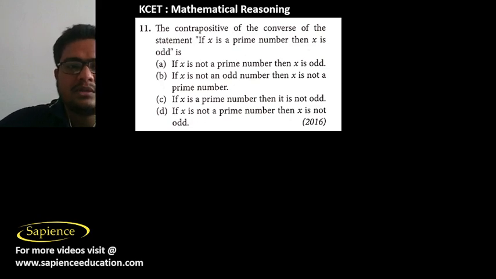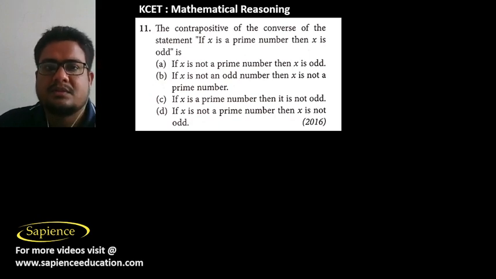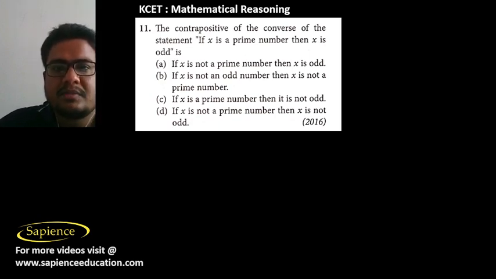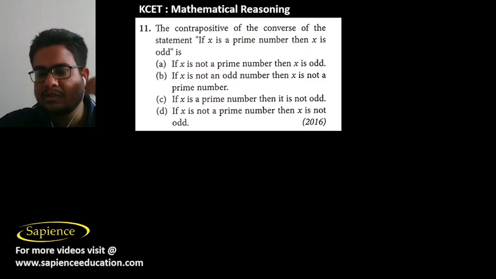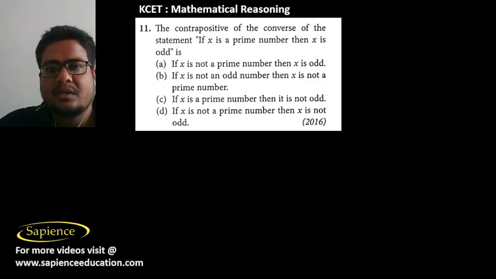Then in question number 11, it is told the contrapositive of the converse of the statement: if x is a prime number, then x is odd. Here we can take two statements. Let the statement P be x is a prime number, and the statement Q be x is odd.